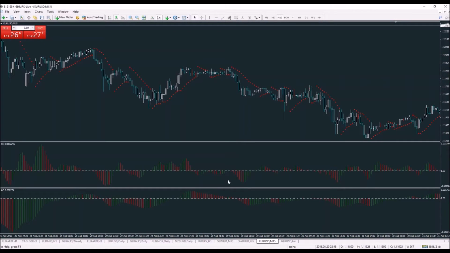So I can see questions here flowing in, especially about different currency pairs and commodities. This is also something that I was going to remind you one more time. It's a universal system. You can incorporate it into trading pretty much everything.